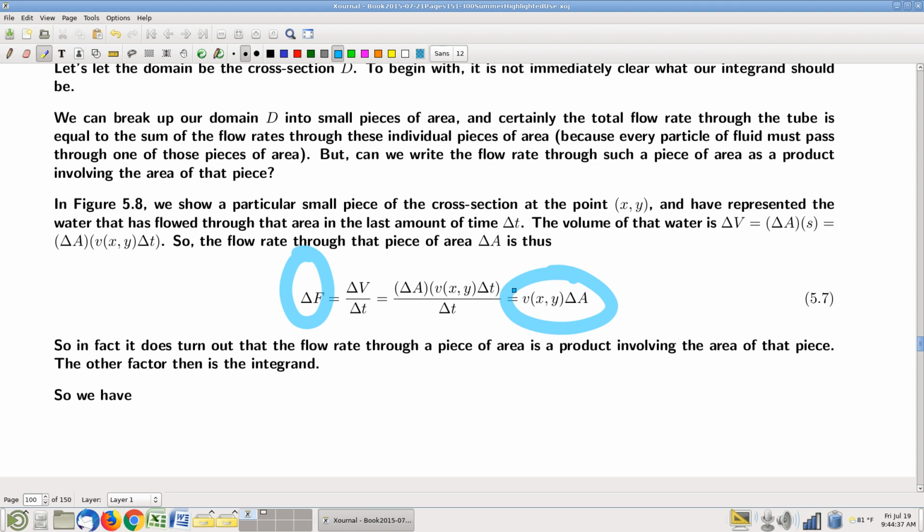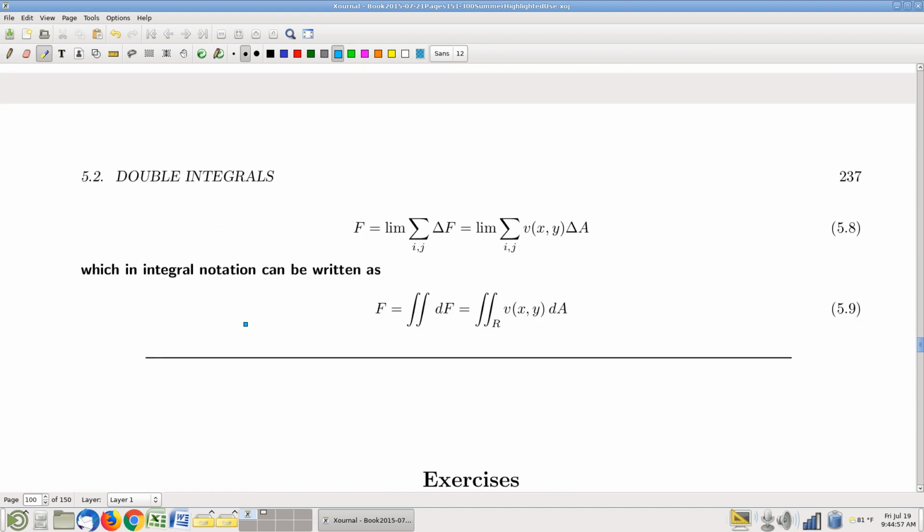And now notice we have our second requirement intact. We previously agreed that flow rate accumulates. And now we see that on each little piece we have some function times area. And so the Riemann sum that we write down turns into an integral. Or again, if you prefer, in the shorthand, you can write it down like that.